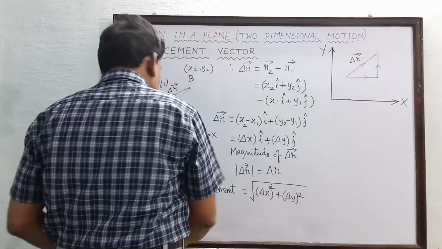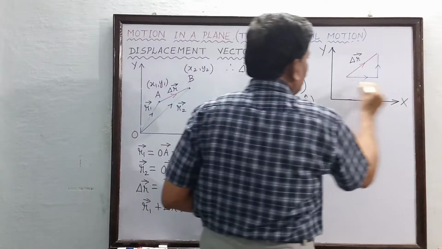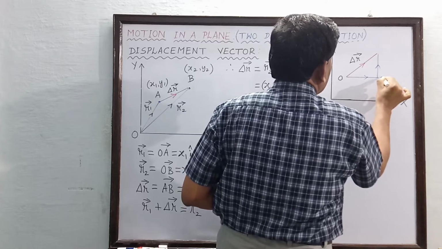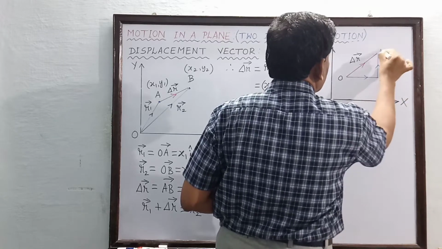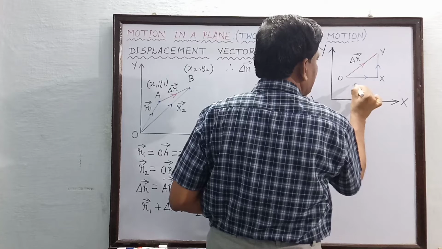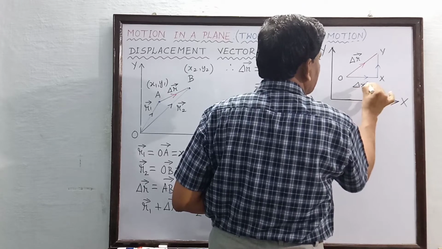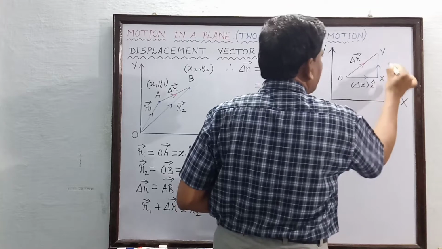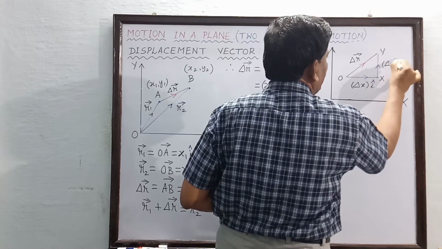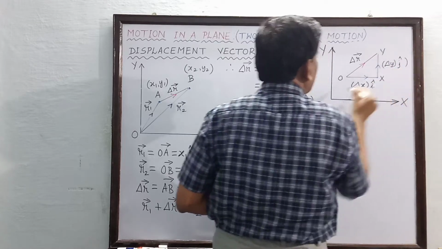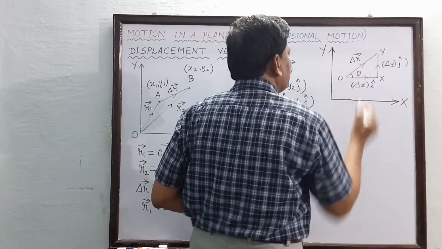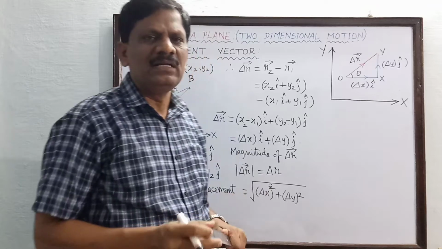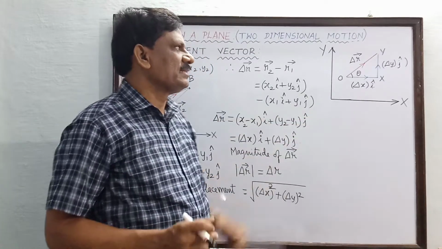This is O, and we can use any symbols like O, X, Y. Along the x axis this is delta x i cap, and along the y axis it is delta y j cap. This angle is theta, the angle made by the displacement vector with the x axis.